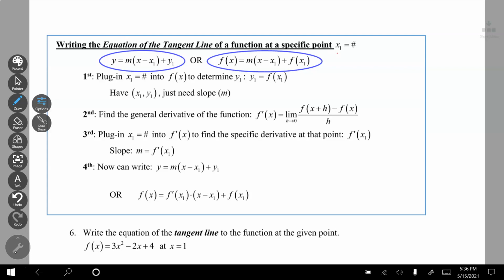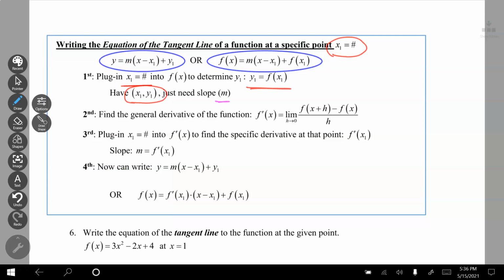I need a y value. If I don't know the y value, all you have to do is plug the x value into the function itself, and now you have the y value. So you have an x and a y value. The only thing you need left is slope.